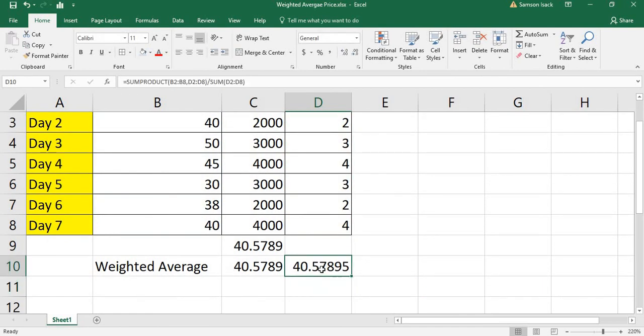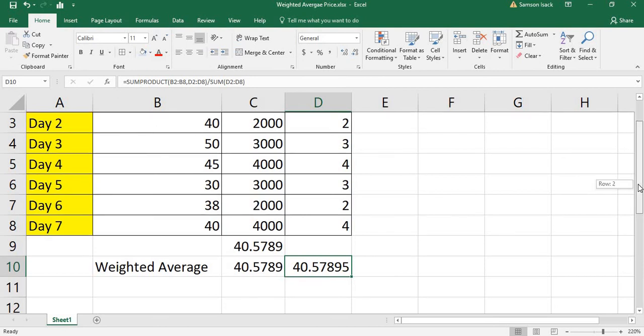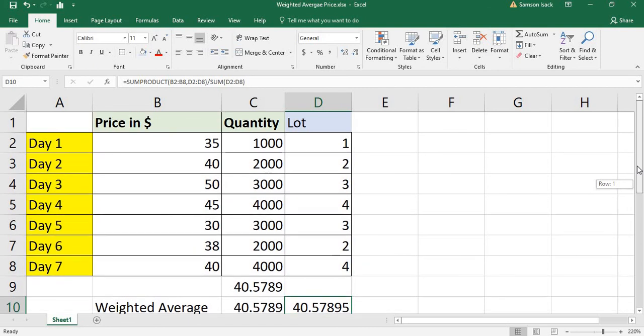You can see the same thing: 40.57895 per lot.